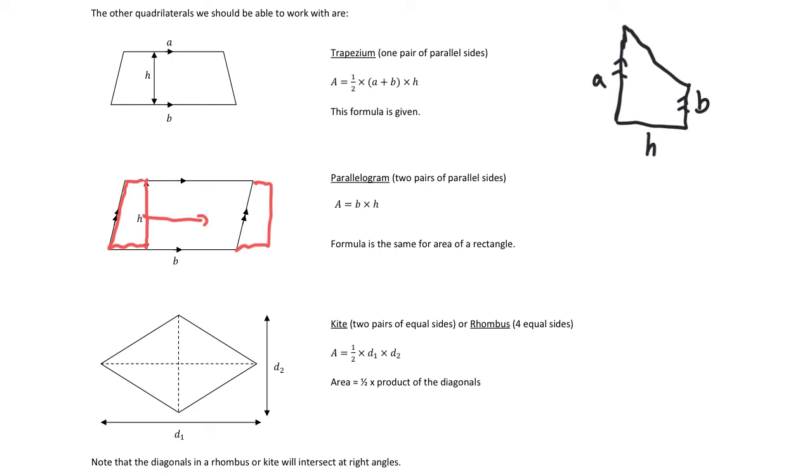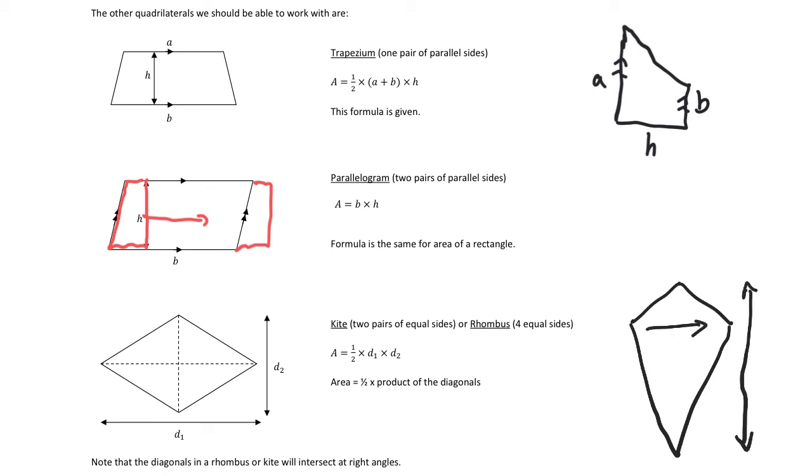And it's the same for a kite, where the diagonals are going to be the vertical and the horizontal distance as well. So that would be d1 and that would be d2. And note that the diagonals in a rhombus and a kite will intersect at right angles, and that must be true to be using this formula.